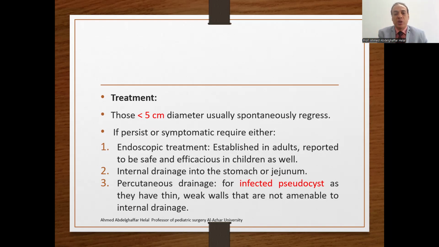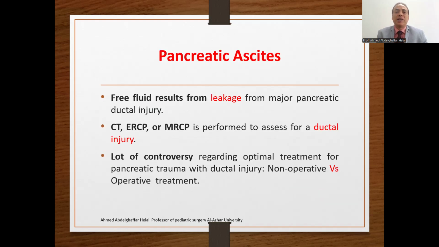However, if it persists or becomes symptomatic, it may require endoscopic treatment, which is well established in adults, and some centers nowadays use it in children with an expert pediatric endoscopist. Internal drainage to the stomach or the jejunum, by open surgery or laparoscopically if possible, and also percutaneous drainage, usually for the infected pseudocyst, because it has a thin wall not amenable to anastomosis and internal drainage.